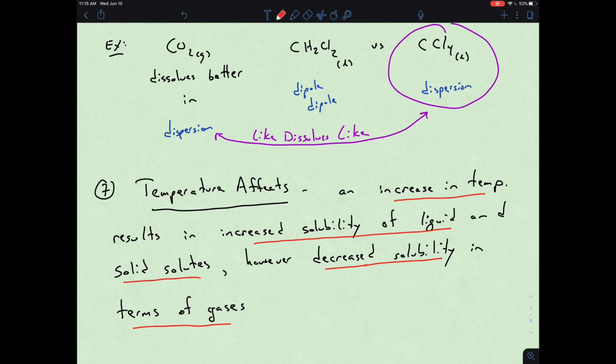That just has to do with the relationship of kinetic energy in gases that you might recall from Module 10 and our gas laws: the kinetic energy of gases is dependent on temperature, so with an increase in temperature, there's also an increase in kinetic energy. So as the temperature of the solution increases, it becomes harder and harder for the solvent to trap the gas.